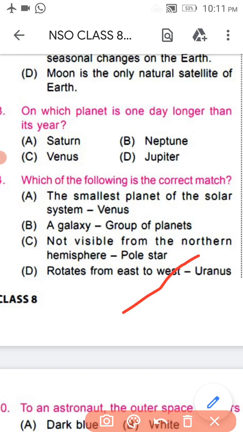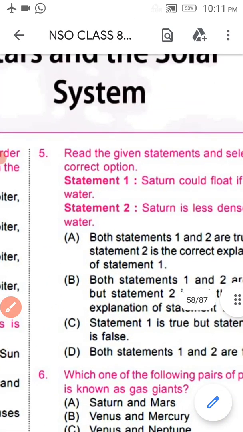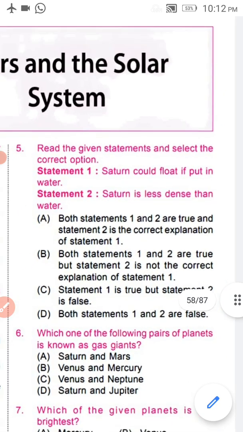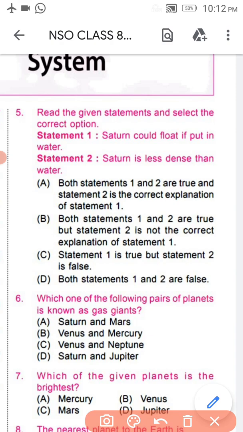Now come to question number 5. Read the given statements and select the correct option. Statement 1. Saturn could float if put in water. Statement 2. Saturn is less dense than water. Statement 1 is telling that it would float in the water. That means the density of Saturn is less than water.